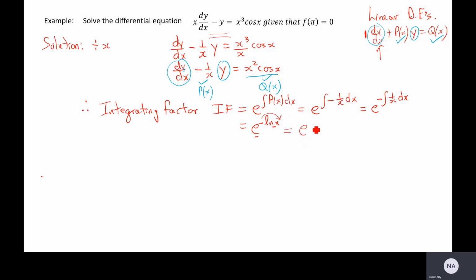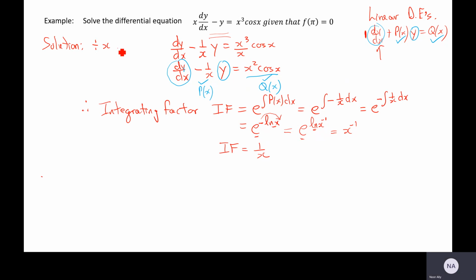In other words, that becomes e to the power ln x to the minus 1. And then we can say, because e and ln have the same base, my answer is x to the minus 1, and thus my integrating factor is equal to 1 over x.